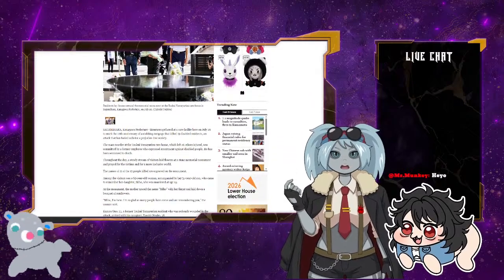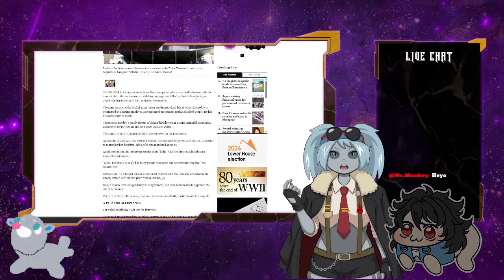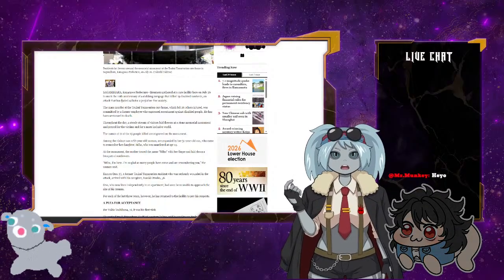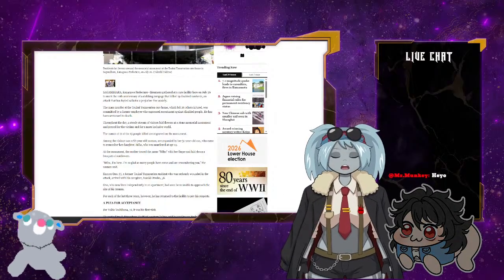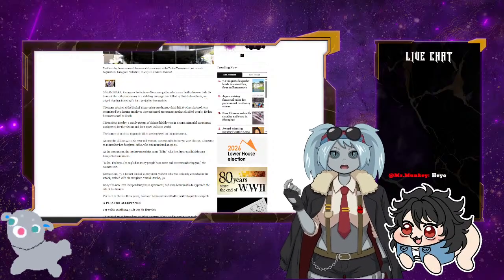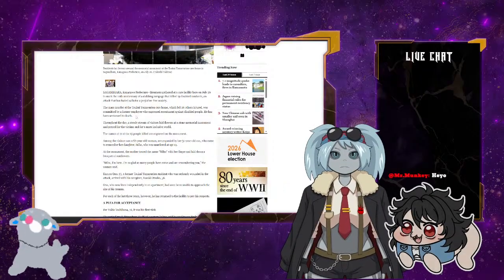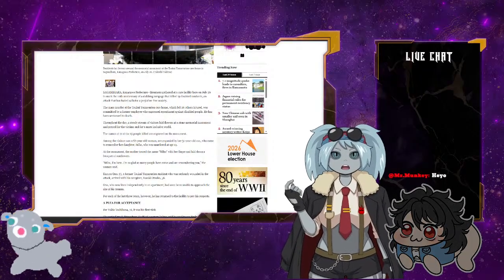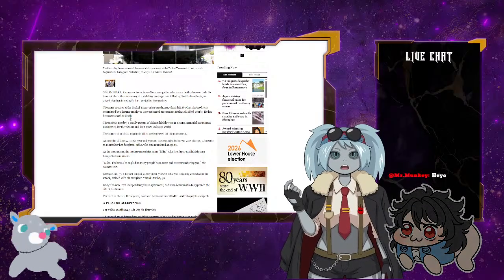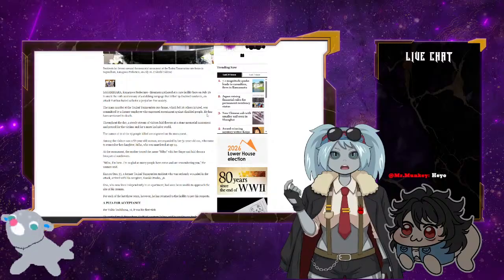Mourners gathered at a care facility on July 26 to mark the 10th anniversary of a stabbing rampage that killed 19 disabled residents, an attack that has fueled calls for a society free of prejudice and fear. The mass killing at the Tsukui Yamayuri-en care home, which left 26 others injured, was committed by a former employee who expressed resentment against disabled people. He has been sentenced to death."